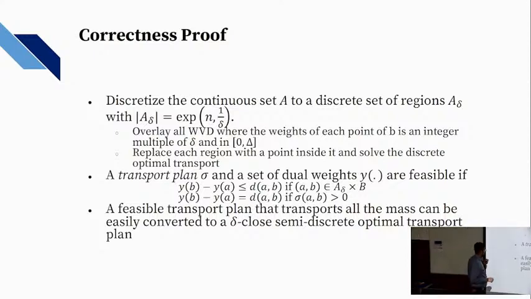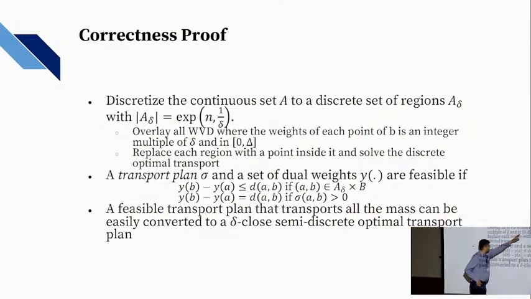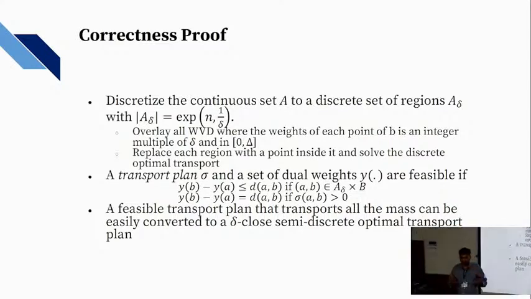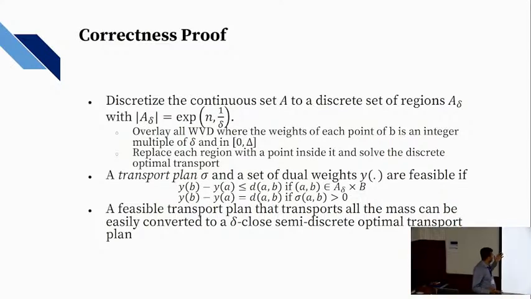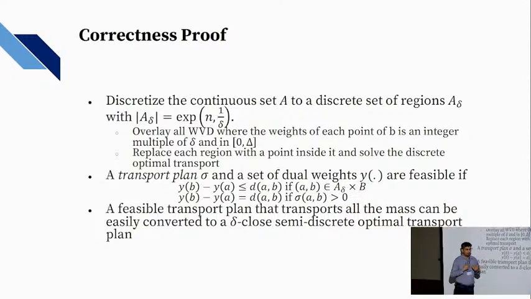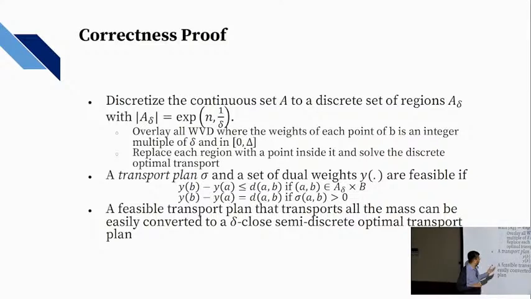For each one of these weight vectors, you'll get a weighted Voronoi diagram. You can take the arrangement of all these weighted Voronoi diagrams, and the number of cells in that will be exponential in n over delta. And then you can do the same thing we did before, replace each region with a single point and solve the discrete optimal transport.